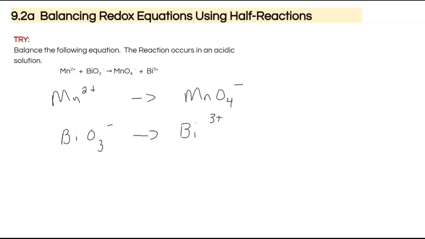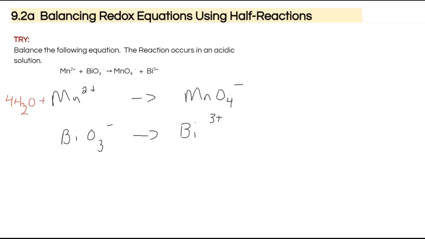The next thing I need to do is work out these oxygens. If you remember from Friday's lesson, we need to add as many waters as needed to balance out the oxygen. Since I have 4 oxygens on this side, I'm going to add 4 waters on the reactant side.